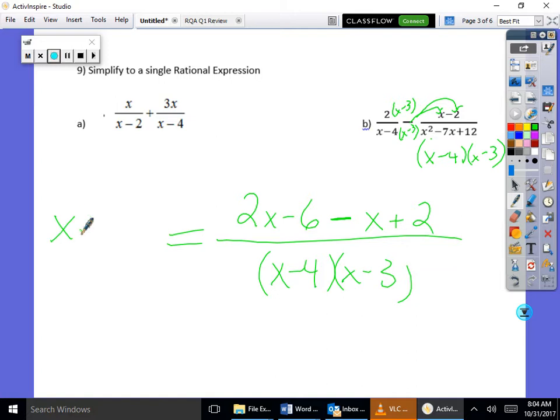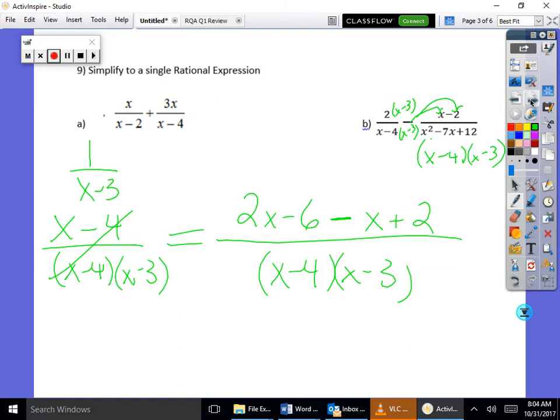Negative 6 plus 2 is negative 4 over x minus 4, x minus 3. What do you notice? There's a hole, okay? There's a repeat. I can't leave the numerator empty, so I get 1 over x minus 3. Good? Okay. That's why it's important to leave the denominator in factor form so you catch things like that.